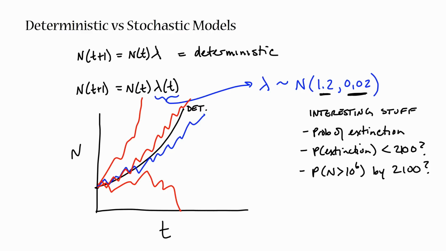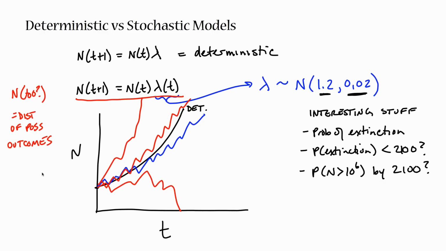Whereas for a stochastic model, your end result is going to be a distribution of possible endpoints. So if I want to know what's going to happen to my model, this one, what's going to happen at n at time t is 100, instead of just getting a value, I'll get a distribution of possible values. Or a distribution of possible outcomes, I should say.